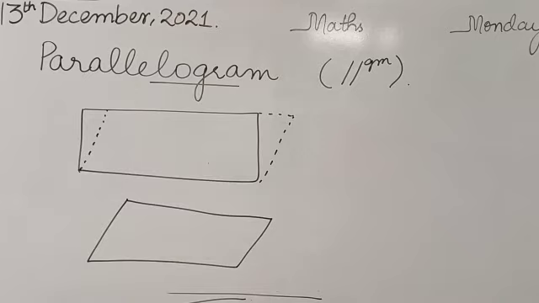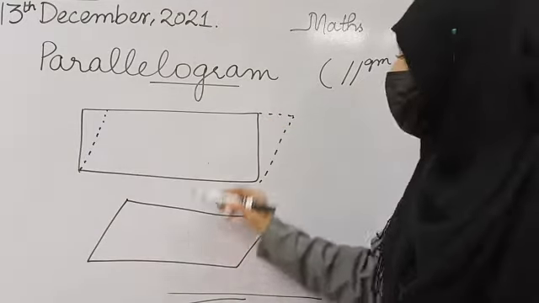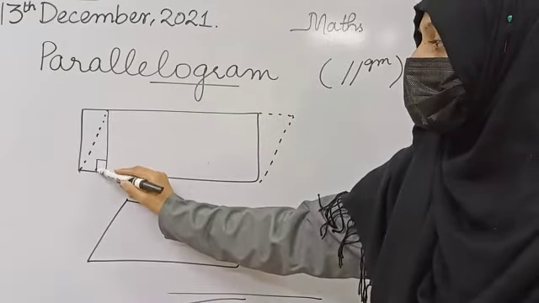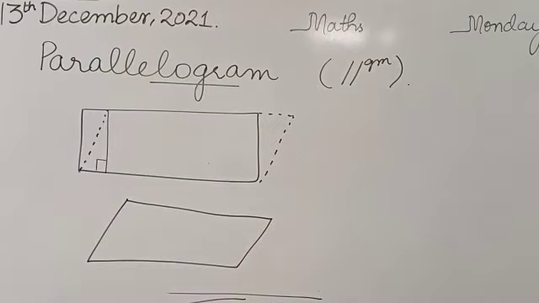Now, how will we find out the area of a parallelogram? Who will help me to find out the area? Good. Alishma is saying that first of all we will highlight the right angle, draw a perpendicular on its base. ठीक है?